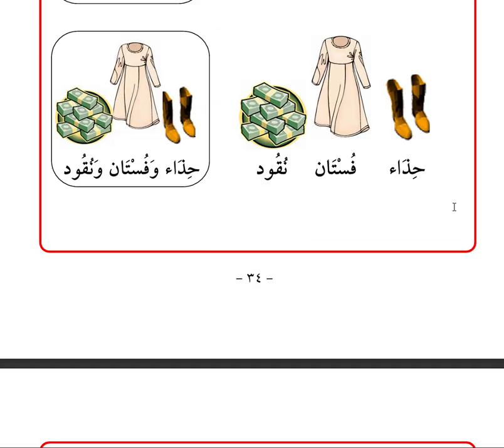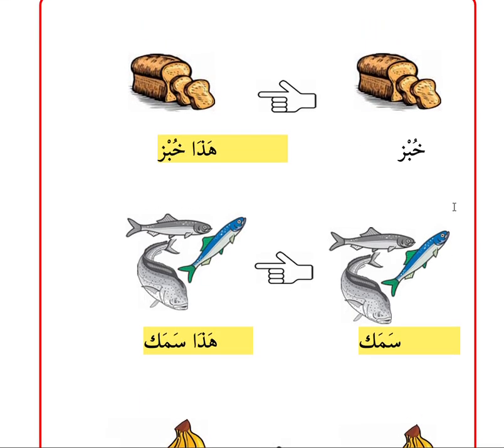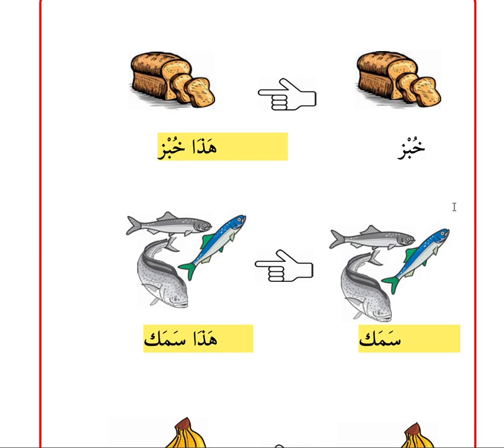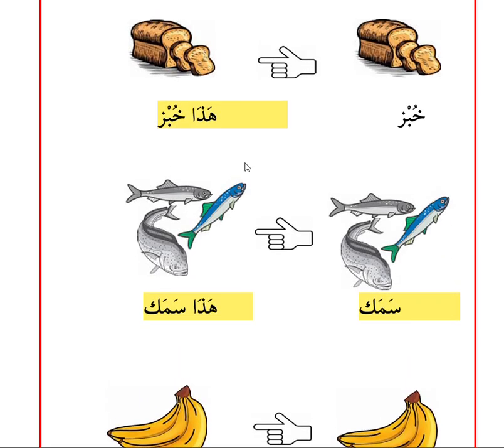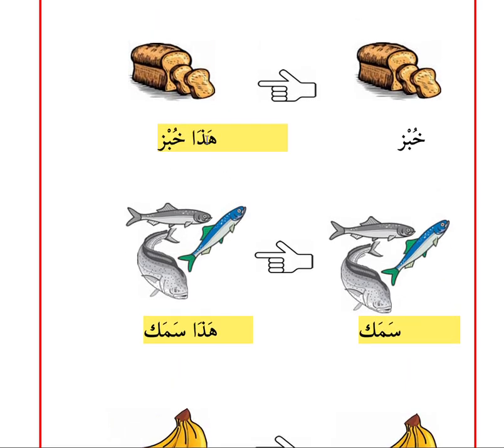Then over here we have sentences, basic sentences, which is for the first one, hadha khubz. Here it is pronounced hadha. Both of the a sounds are long. And this means this is bread.